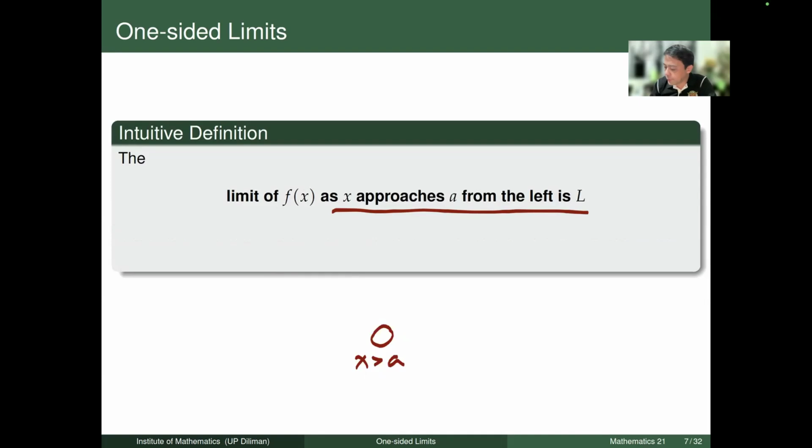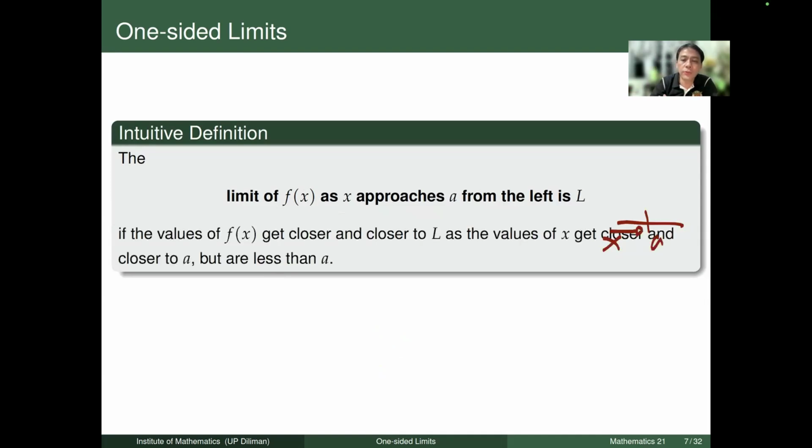On the other hand, the limit of f as x approaches a from the left. Okay, so here is a, so your x is approaching a from the left, on values less than a.